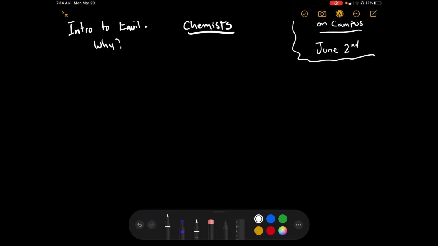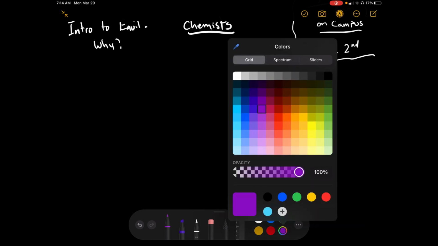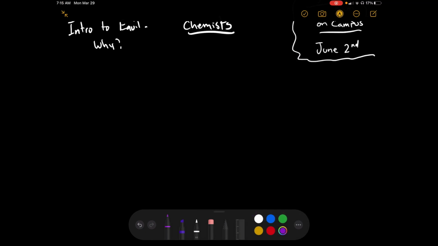So let's say that we go out and we buy some grapes. Grapes, let's make that purple. I know there's green grapes too, but this is the traditional understanding of grapes.